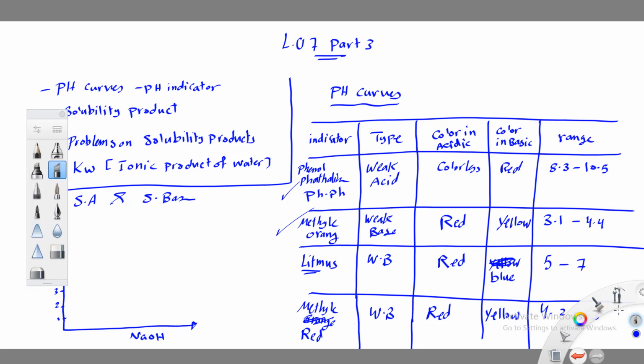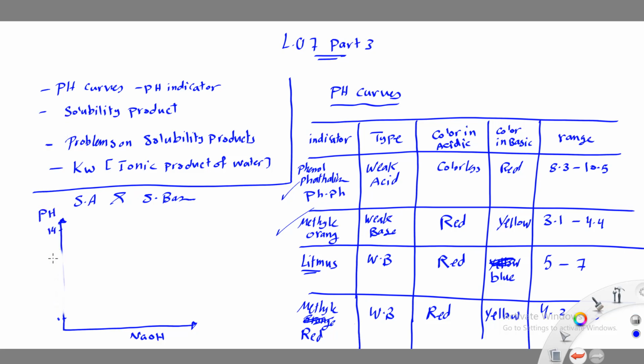Let's assume that for this curve we have 1, 5, maybe 10, till 14. Okay. Firstly, we'll start from 1 as the strong acid.